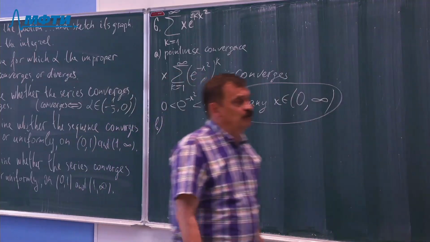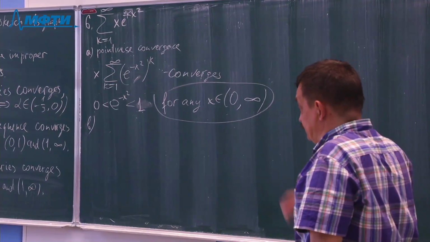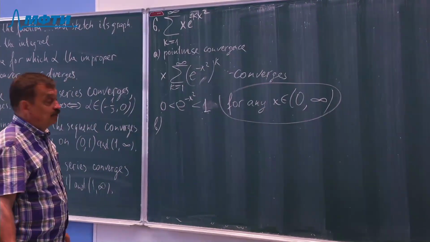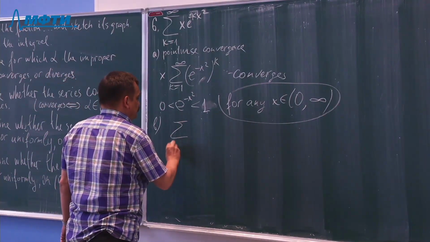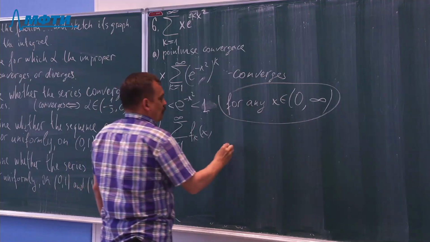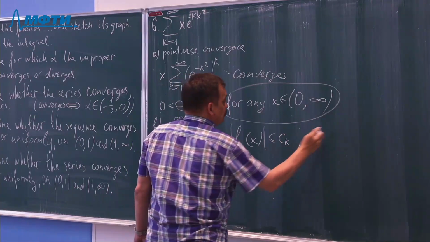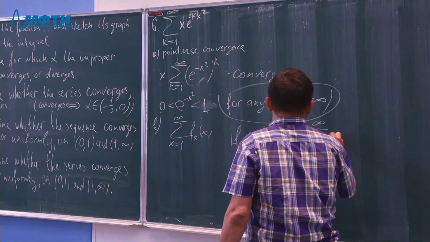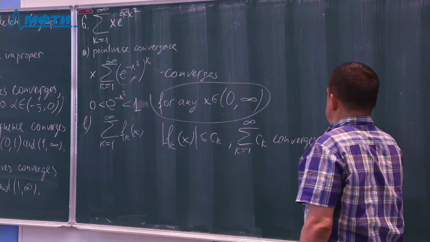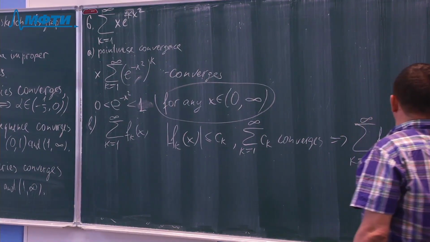Here it is easier to prove uniform convergence, and when we can prove it. So look, a very useful tool for proving uniform convergence: if we have a series and f_k(x) is less than or equal to c_k, and the series of c_k converges, then the series f_k(x) uniformly converges.